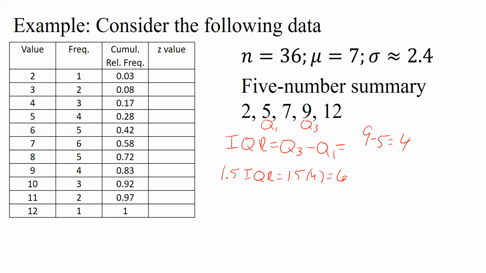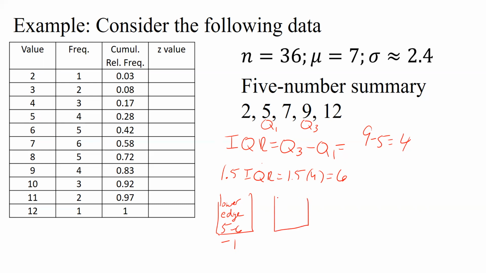My extreme values are going to be, on the lower edge, 5 minus 6, so -1. If I get any values below -1, we're going to call that an outlier. Our lowest value is 2, so we don't have to worry about that.